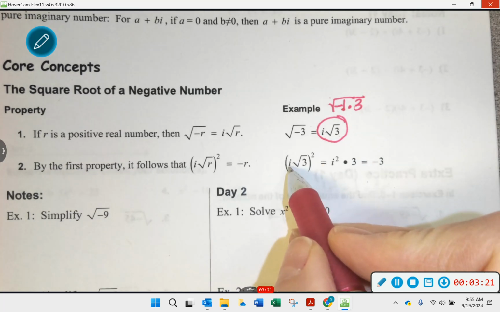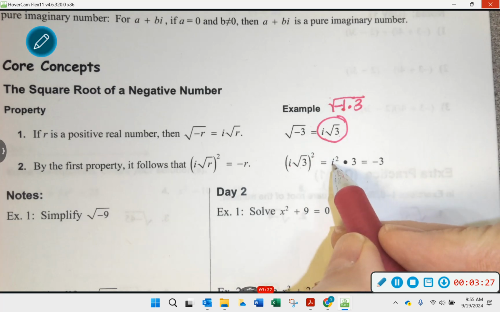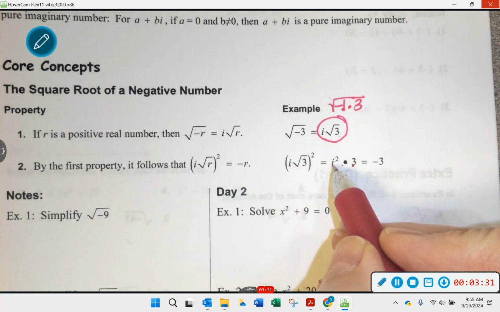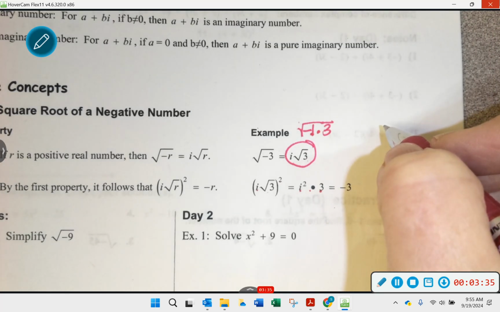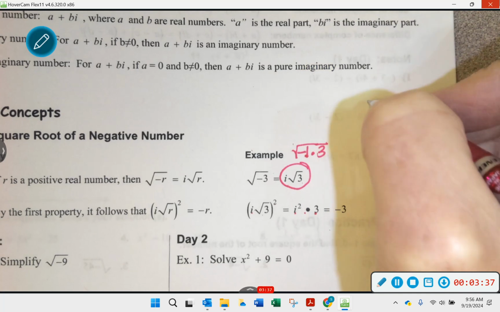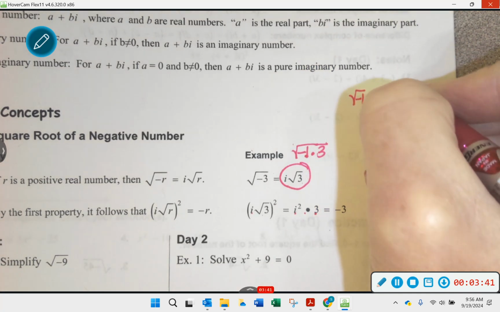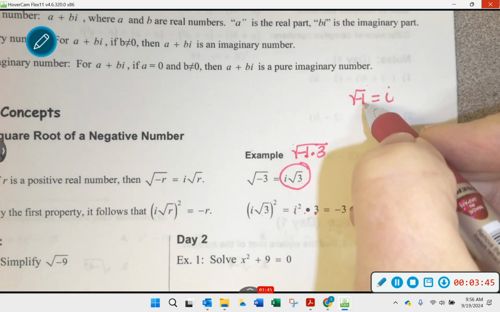If I want to square i radical 3, I would have to say it's going to be i squared times 3. Why do you think i squared is -1? Let me show you why. By definition, the square root of -1 is i. If I square a radical, the radical just goes away.